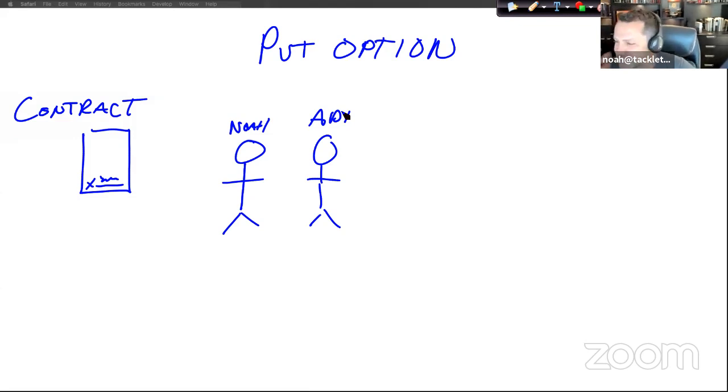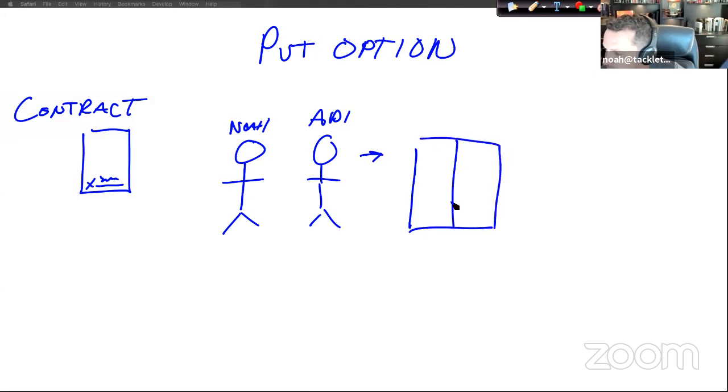Okay, so let's say that Adi owns Apple. So he has an asset sheet, and he's got assets and liabilities, and he's got income and expenses, right? If he owns Apple, that could be one of his assets.